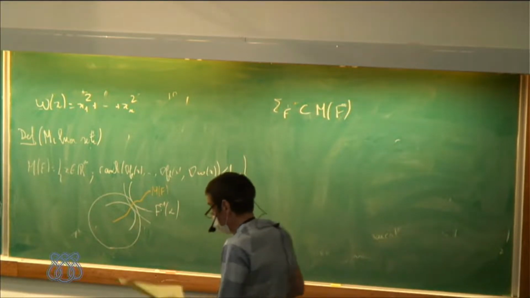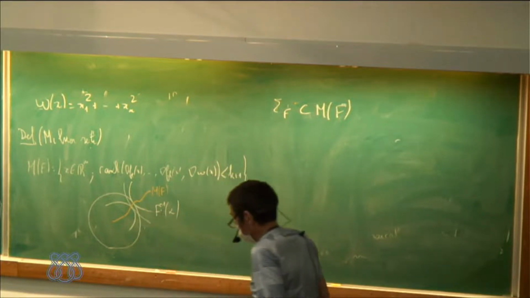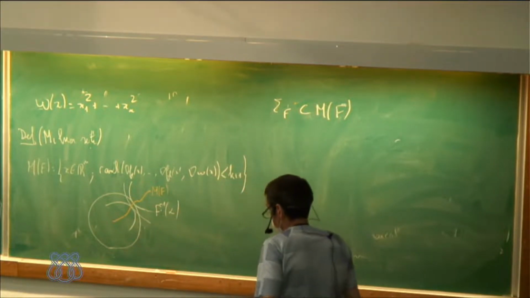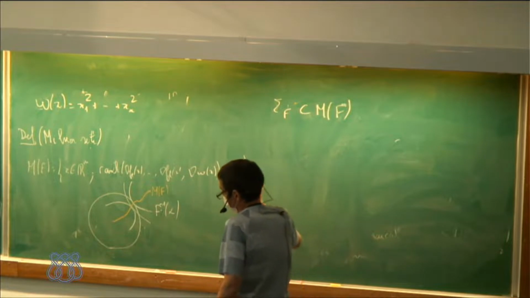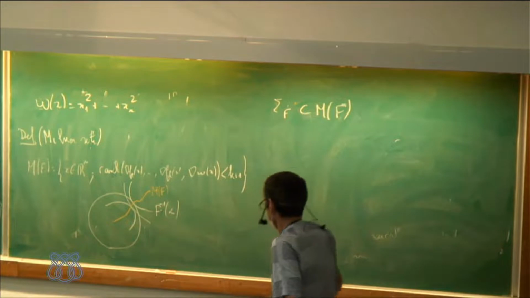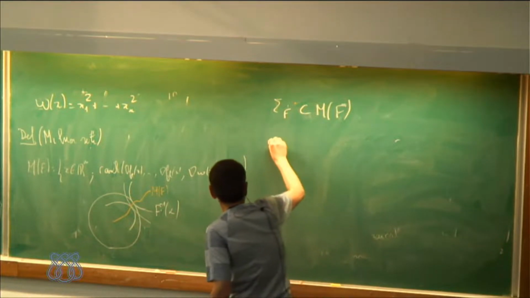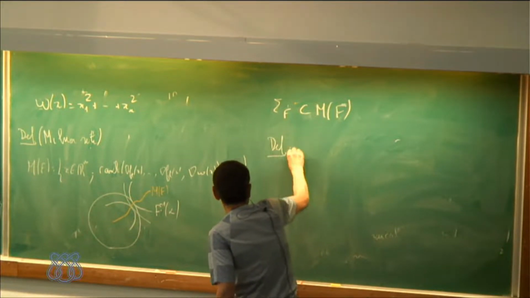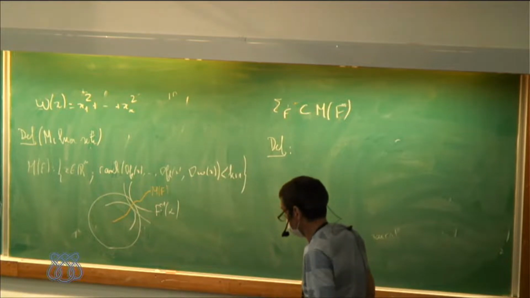So now I recall the two conditions that Cesar introduced in his talk. There are two necessary conditions to get a real Milnor fibration. So, definition. These conditions were introduced by David Massey.